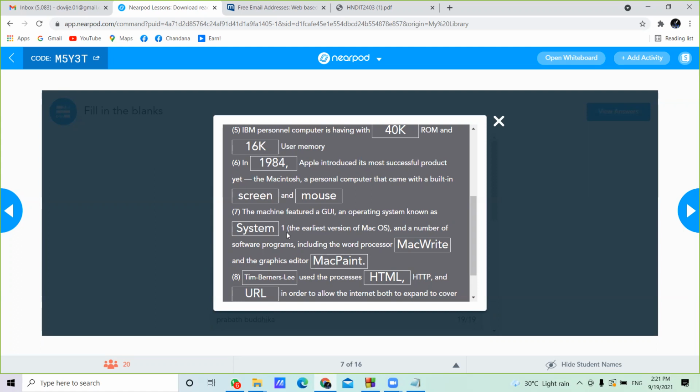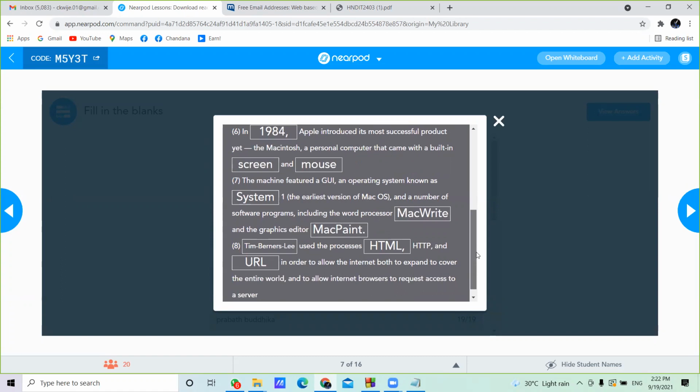Actually, this one was not in the discussion. The earlier version of the Mac operating system developed by Apple Incorporation was called System 1.